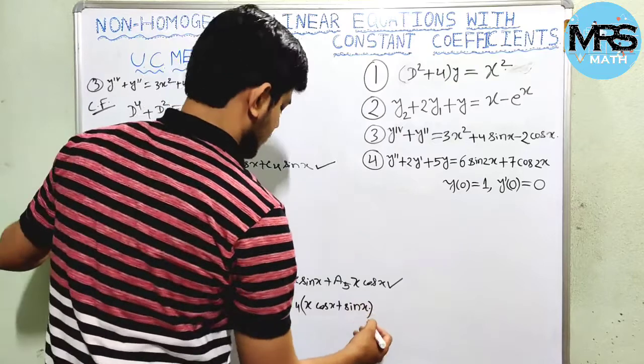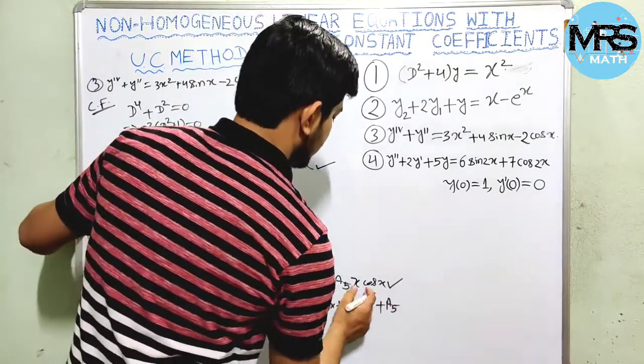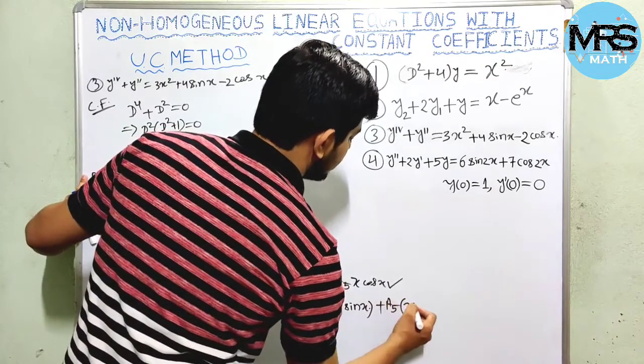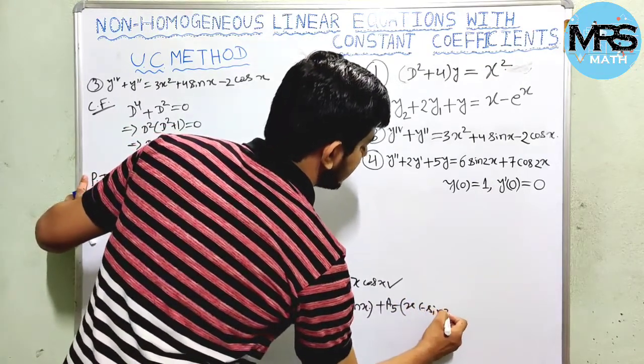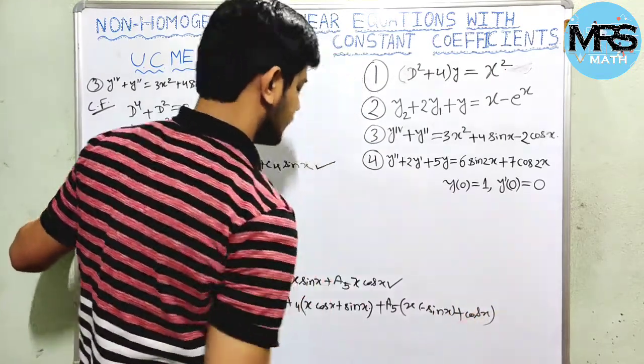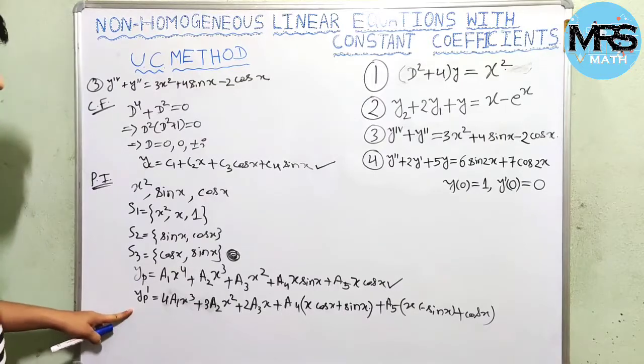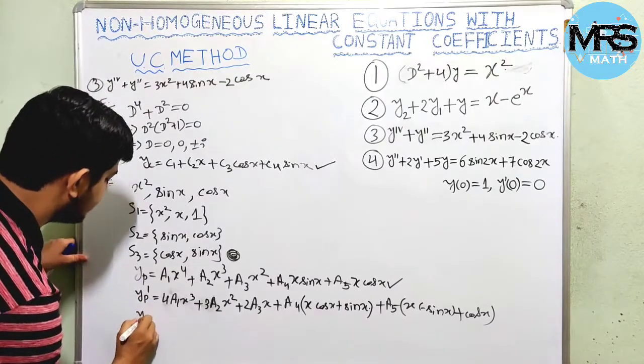Over, then next is a5, that will be x into cos x is minus sin x, correct, plus cos x. Okay. So this is our first derivative.